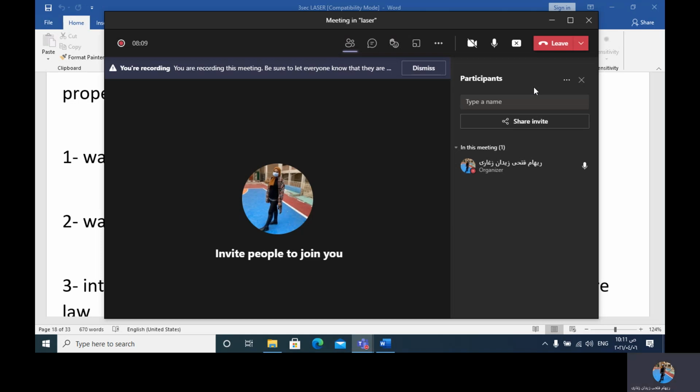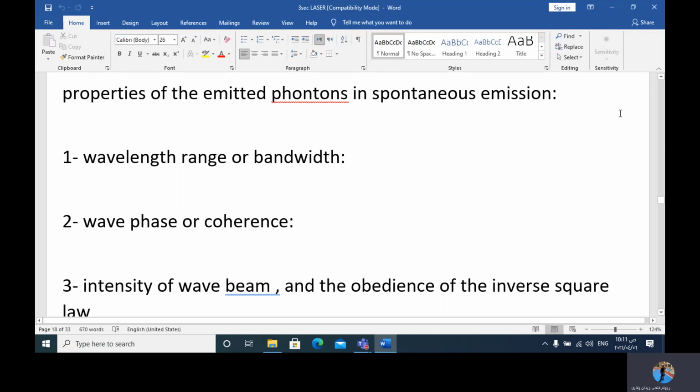Last time we talked about the properties of laser, just a general idea, and we talked about two types of emission. We have the spontaneous emission and we have the stimulated emission.